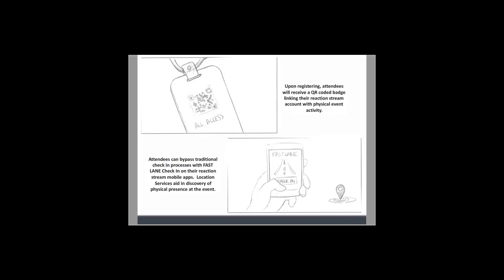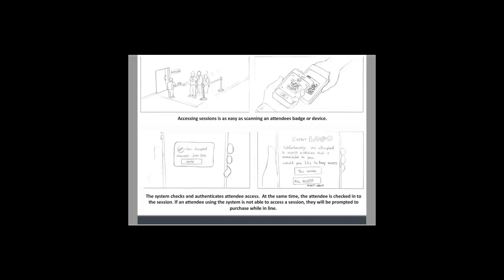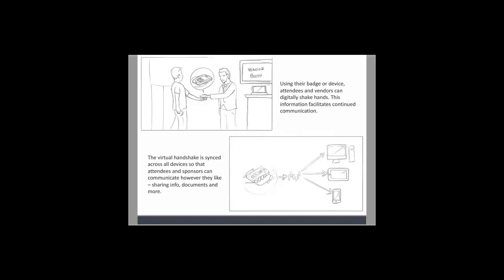We all know and have seen, first day of event when the rush comes and the lines are there. Wouldn't it be great for your premium attendees to be able to go through the fast lane with their device, checking them into the exhibit floor? Here you can see. And as we mentioned, allowing your sponsors to be able to scan and collect information and create their handshake on mobile devices as well. It really opens up a lot of opportunities for us.